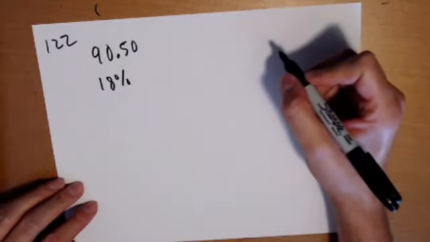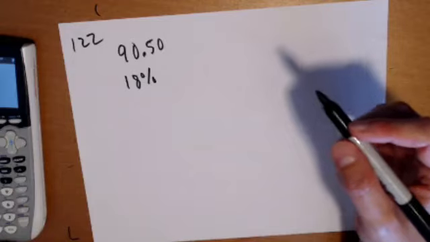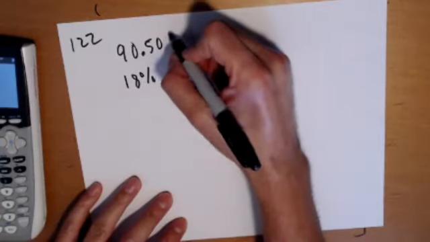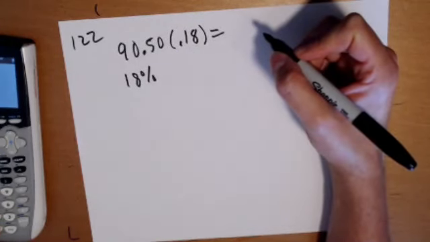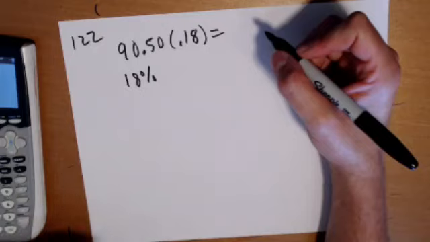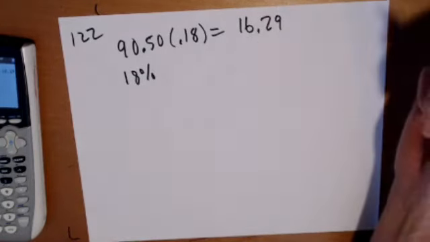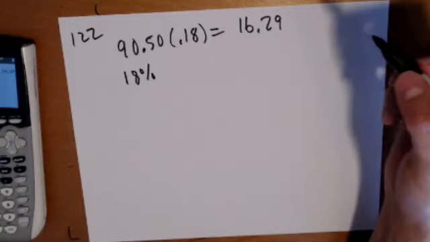Okay, so just multiply 90.50. We've all done this, I think, on our calculators. I'm just going to multiply that by 0.18, 18% is 0.18. So we should leave $16.29. How much should the tip be? Cool. 122.